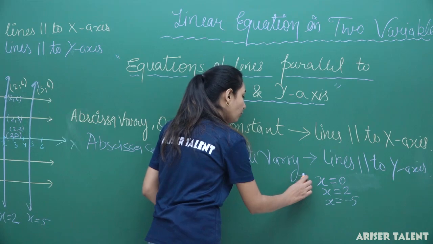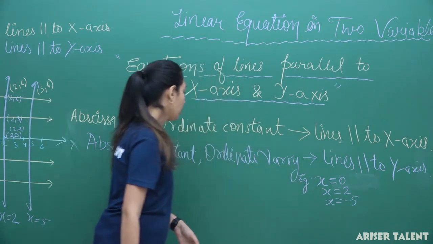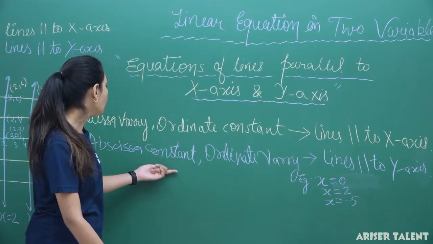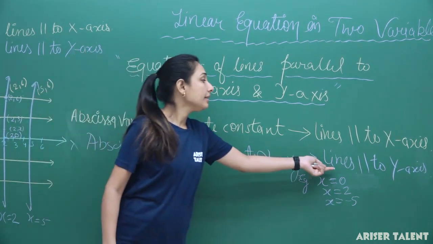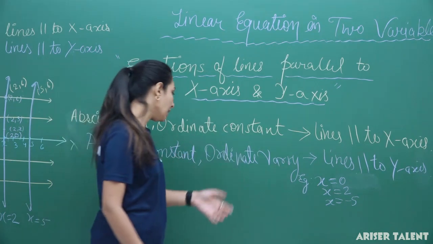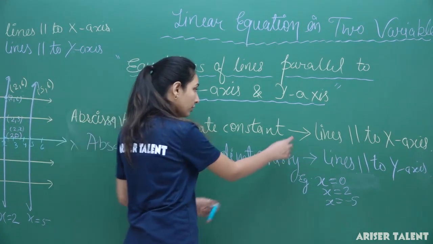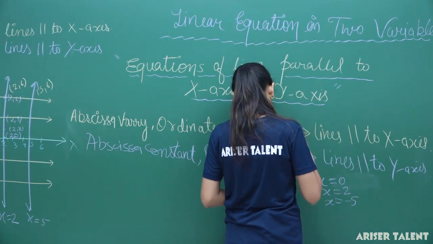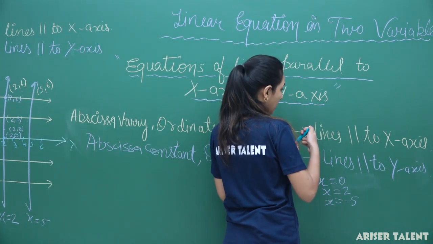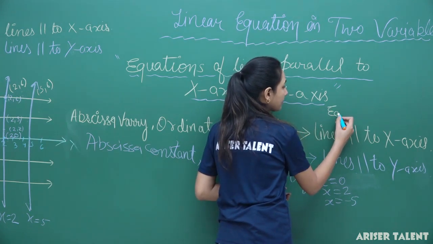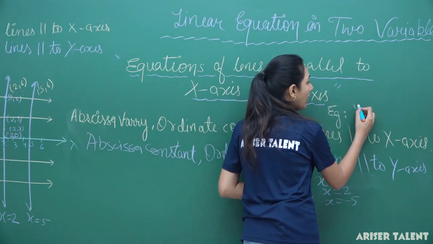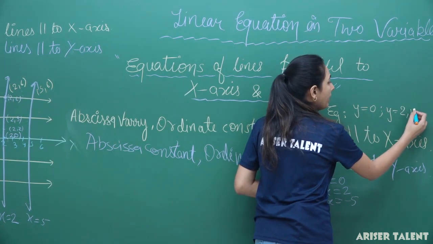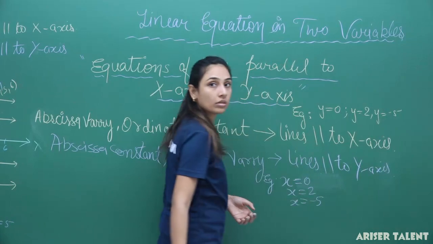These kinds of equations of lines are examples of lines parallel to the y-axis. Similarly, for lines parallel to the x-axis, the examples are y equals 0, y equals 2, y equals -5 and so on.